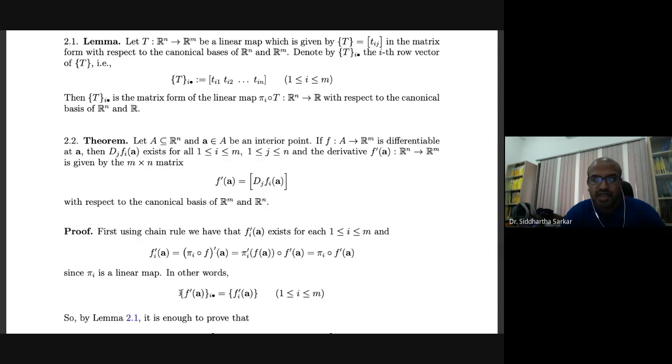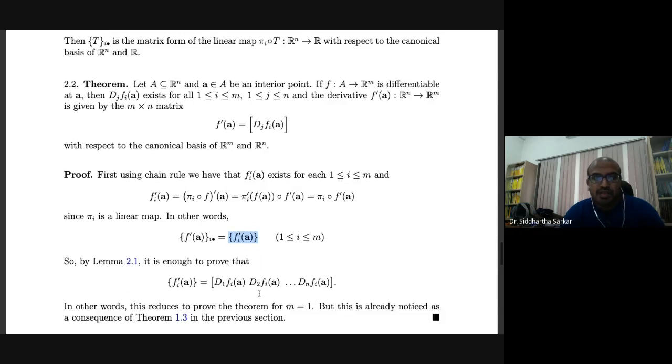So f prime A, if I write it in the matrix form, look at its ith row, what I am going to get is the derivative of fi at the point A, right? So it's kind of enough then to prove that this one, fi prime A, is nothing but this row vector.